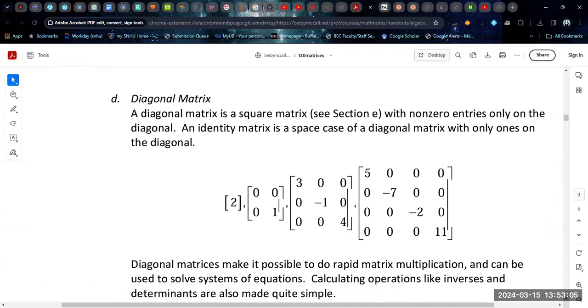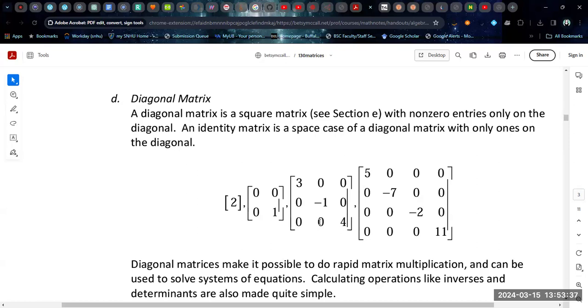Now, you can also have diagonal matrices where there are only non-zero entries on the diagonal. So A11, A22, A33, etc. And so these would be examples of that. The diagonal entries themselves may be zero. They don't have to be, but they can be. But then on either side of the diagonal, everything else is zero. So here we have our 3 non-zero entries on the diagonal, and then above the diagonal and below the diagonal, they're both zero.